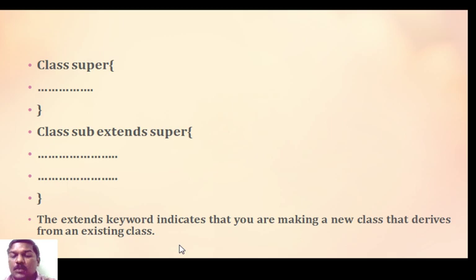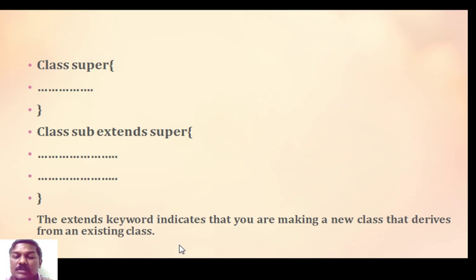Now we discuss the concept of creating a class. How are we going to create a class? Class name is the concept of creating a class. This is a basic concept, we all know that. In this example, super is the name of the class. The next thing, we are going to extend the super class into some other class.